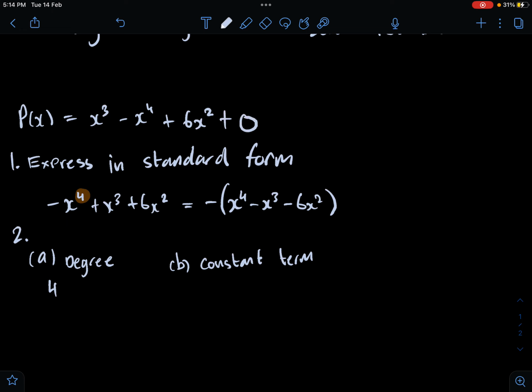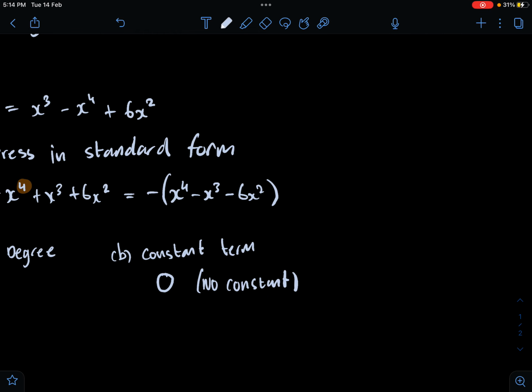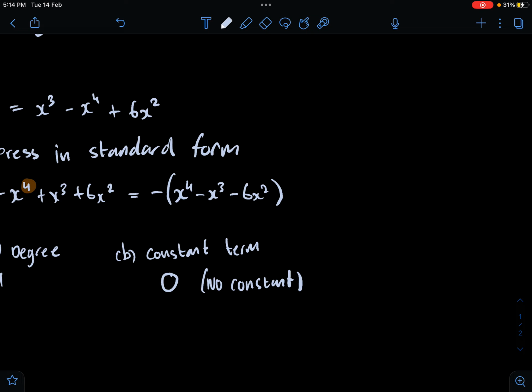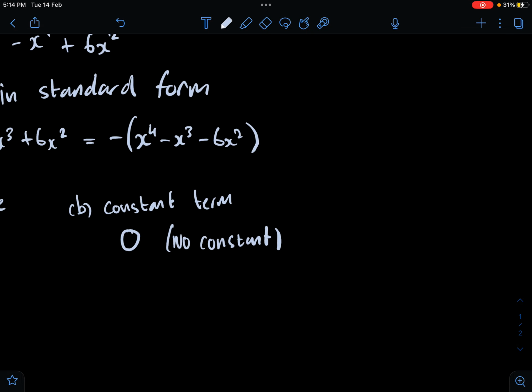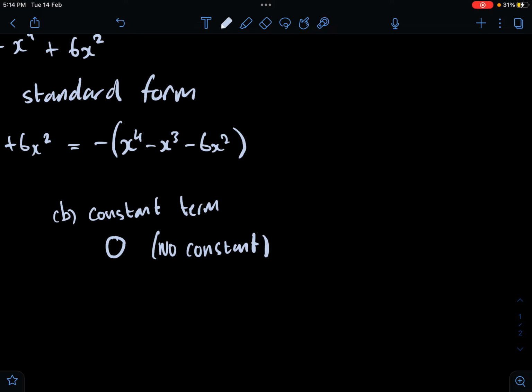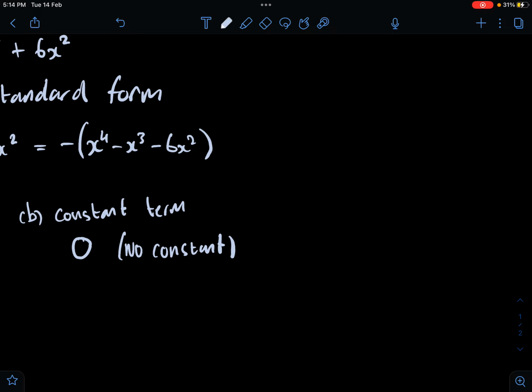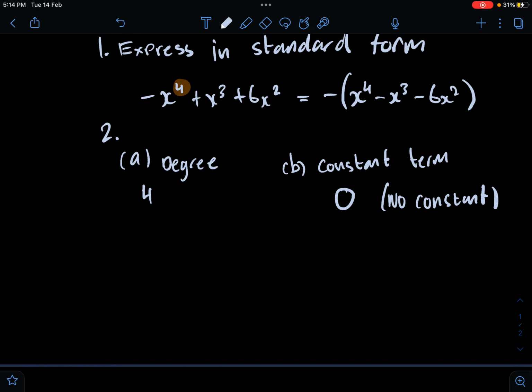And so we're just going to state our constant term as 0, because that at least gives us an answer. And you can also just say no constant. You won't get marked down for that, because it's a bit of a tricky question anyway, as long as you show understanding by saying no constant or also including 0, then it shows you fully understand what they're asking for.